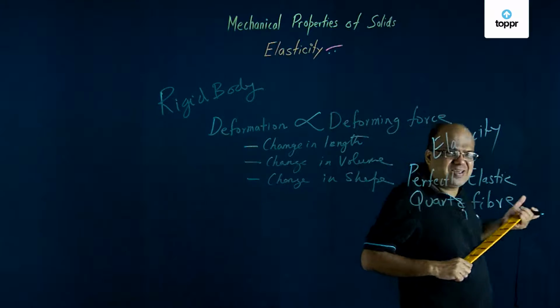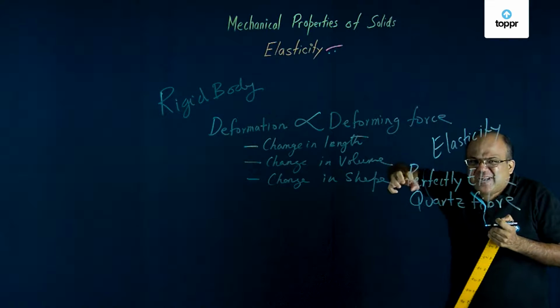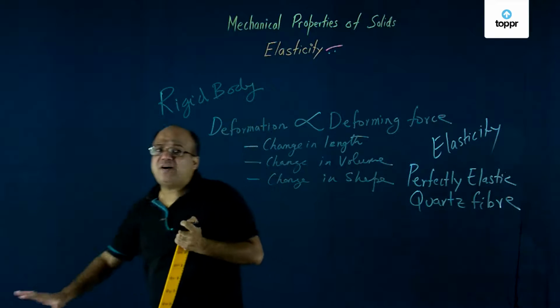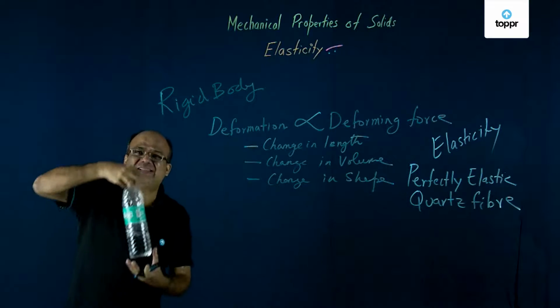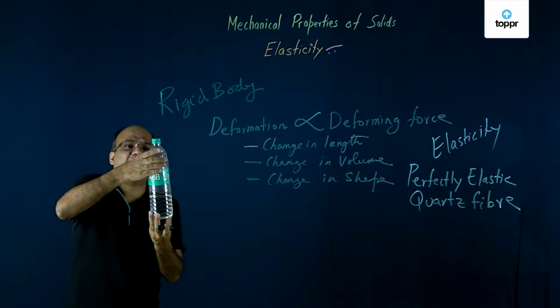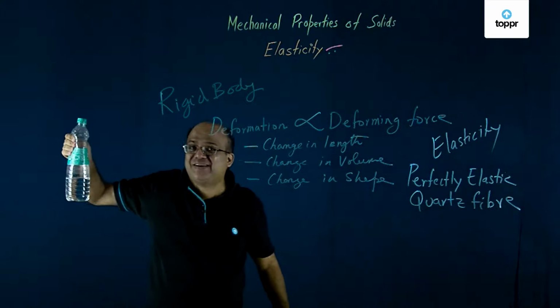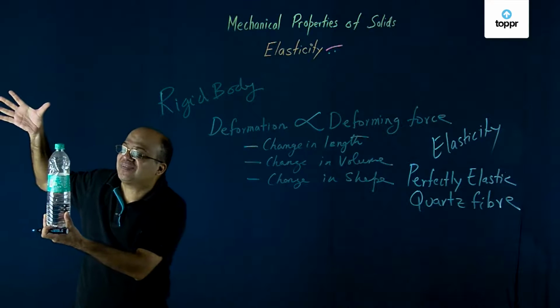Now, certain bodies will have a tendency to remain in a deformed state even after the removal of the deforming force. This bottle, I apply some force on this. This bottle gets deformed. Now I remove the deforming force.